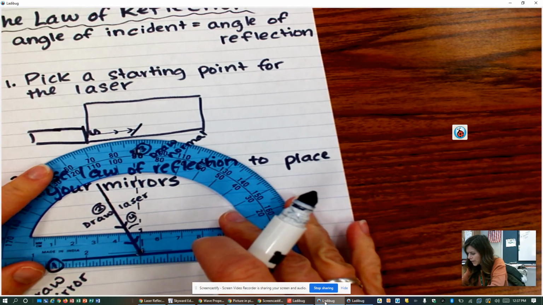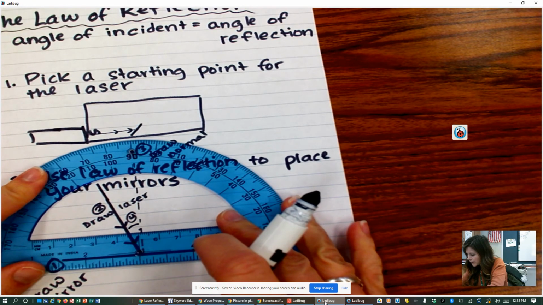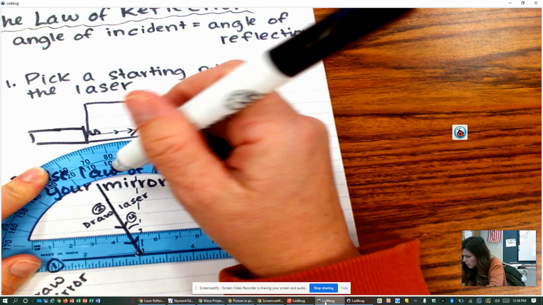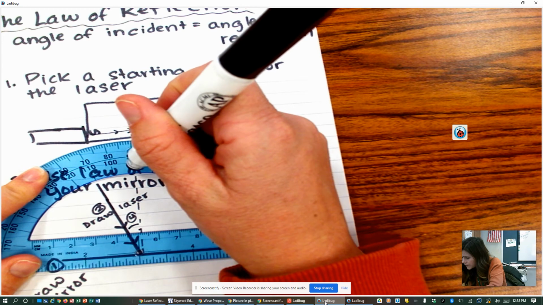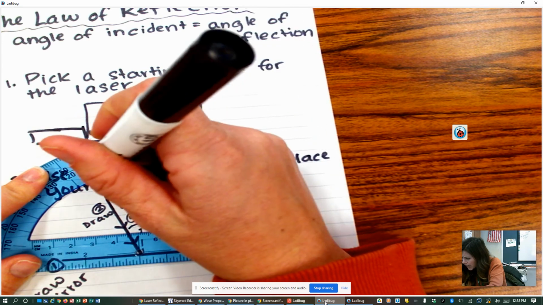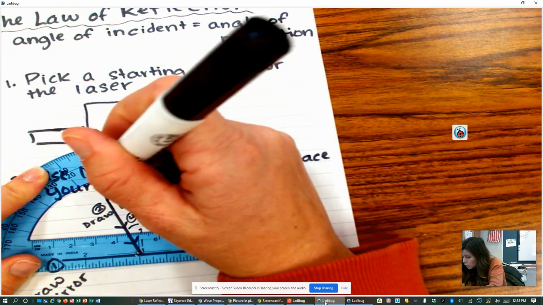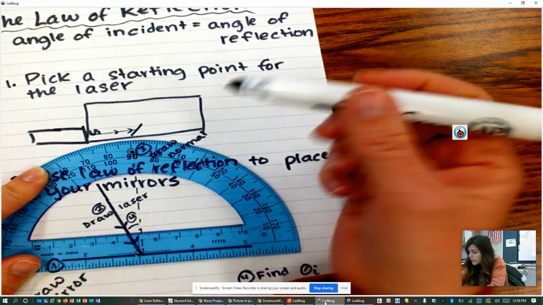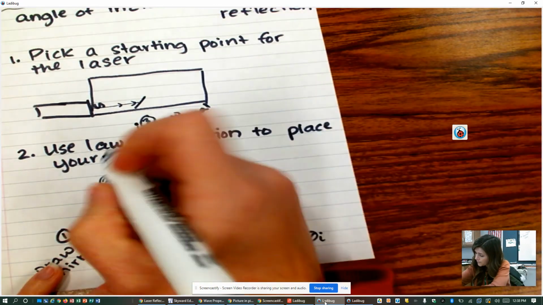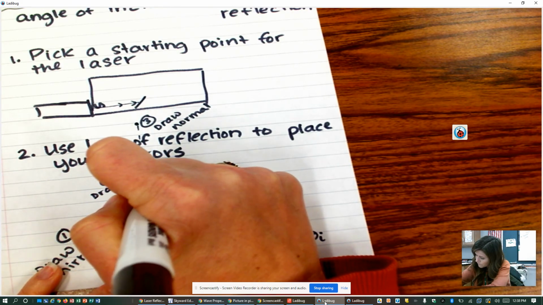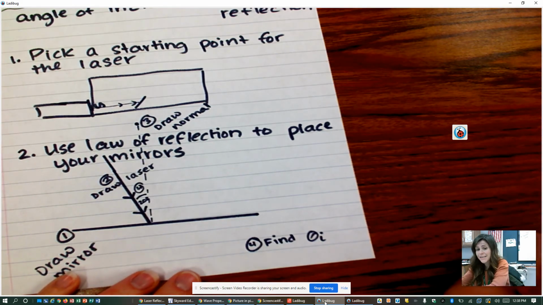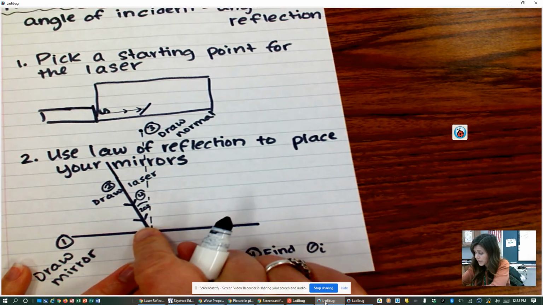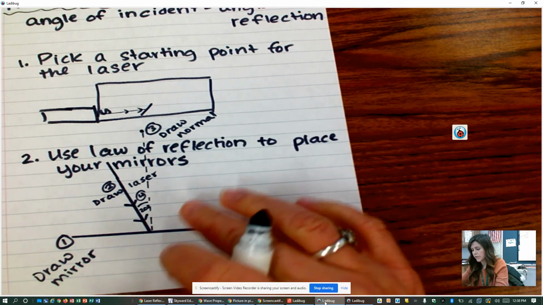Again, it's right in the middle where they're touching. I'm going to make sure my 90 degrees is over. And I'm basically going to count over. So here's 90, 100, and 110. So it looks like it's about 20 degrees over. So this is 20 degrees. That means if that angle is 20 degrees, the other angle should be 20 degrees.